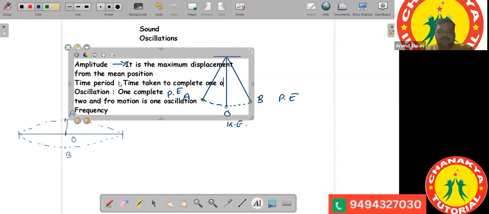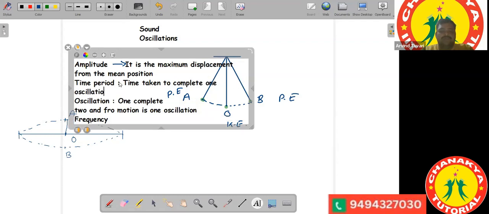Time taken to complete one oscillation is called the time period. And we had done one question. Do you remember that question? I had given you time for 20 oscillations. You found out the time for one oscillation. That is the time period, right?